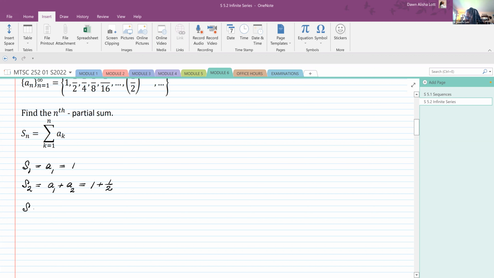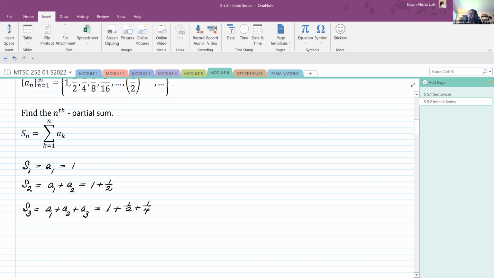S3 is a1 plus a2 plus a3, so that's 1 plus 1/2 plus 1/4.